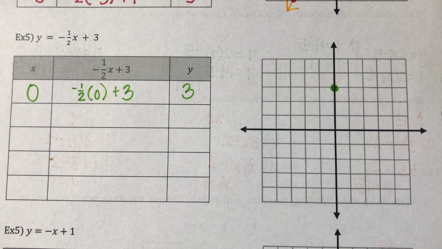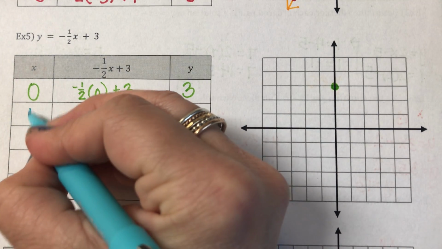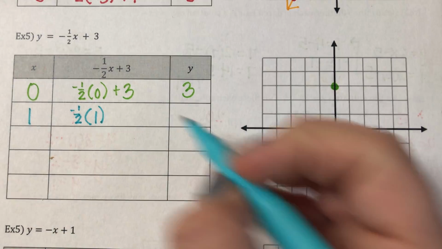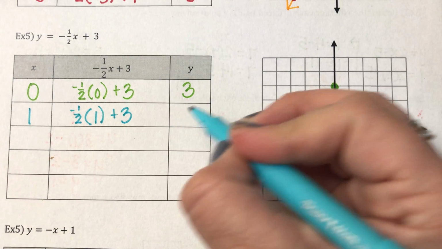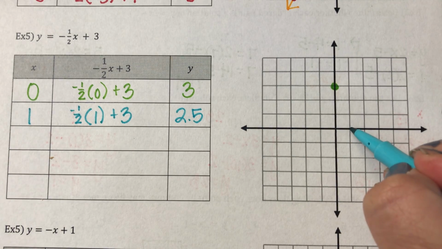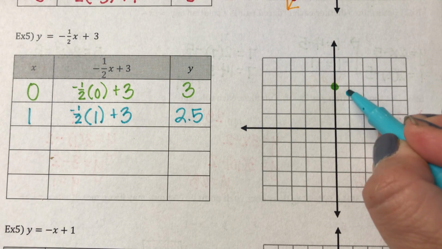Okay, if I pick a number like 1, I'm going to have to do -1/2 times 1 is -1/2. Actually, let's work it out. If I put in 1, -1/2 times 1 is -1/2, plus 3 would be 2.5. And I'm going to have the point 1, 2.5.